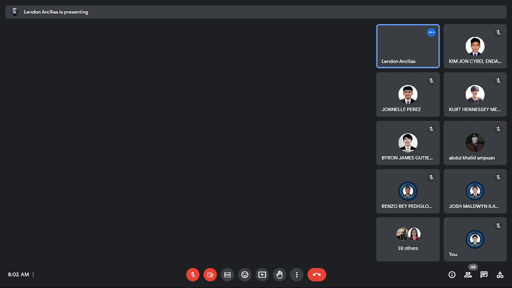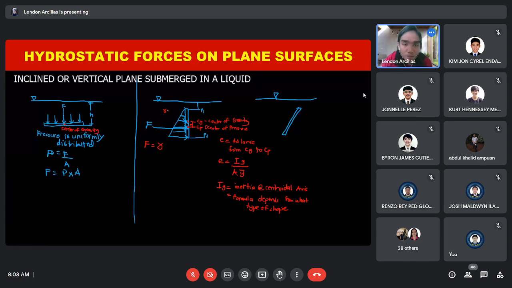Okay, next is ang formula ng force is equal to the specific weight of the submerged, this one, times the height, times the area. Yun yung formula na yan.